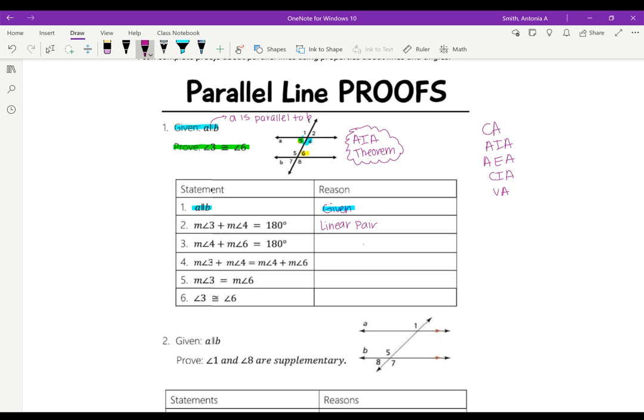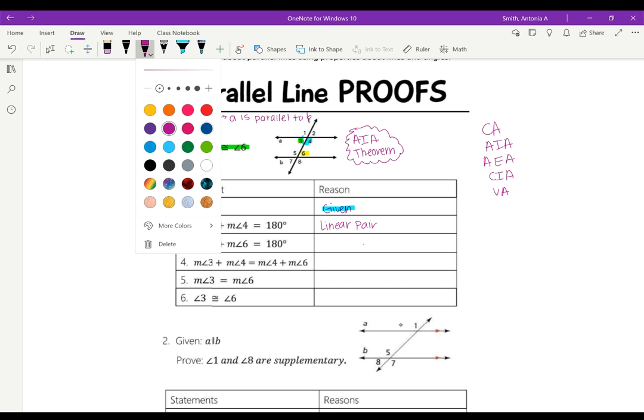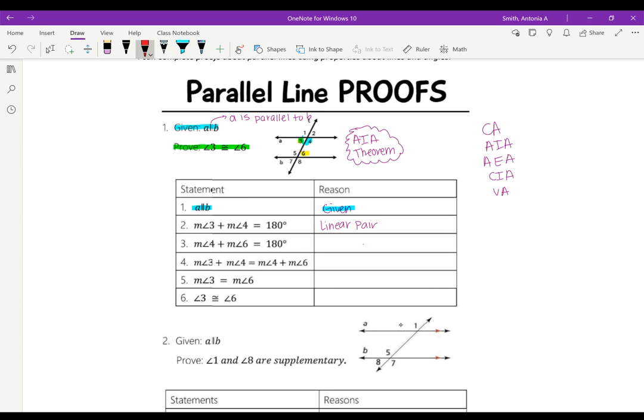The measure of angle 4 plus the measure of angle 6 equals 180 degrees. Well, 4 and 6, let me get a different color here. I'll underline these ones. Here's 4 and here's 6. Do those have a relationship that we know of already? Yeah, those are consecutive interior angles, right? They are on the same side of the transversal in between those two lines.